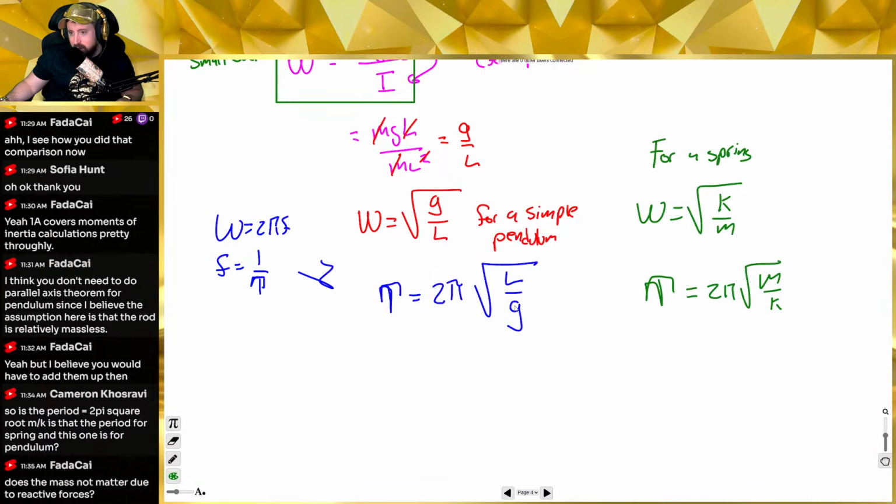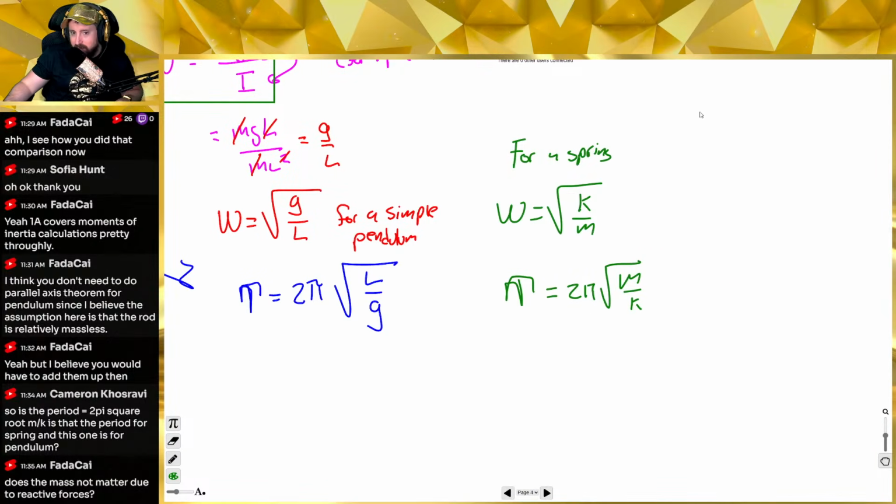When you're doing it for a spring, let's remember that the restoring force is independent of the mass. This is kx. The restoring force does not care about the mass. So that will not cancel out ma when we do F equals ma.